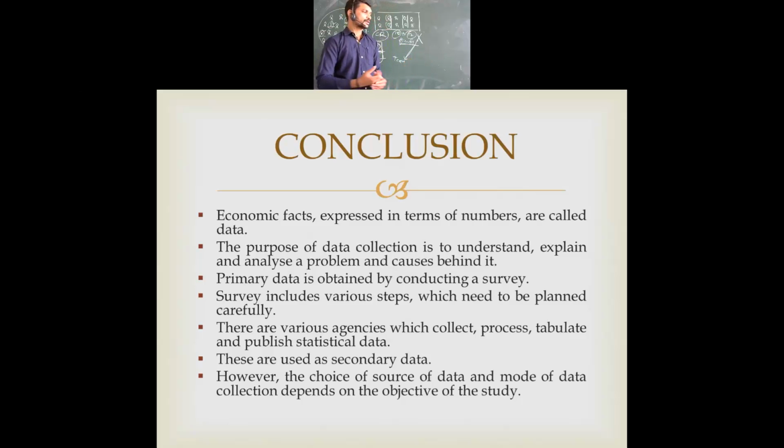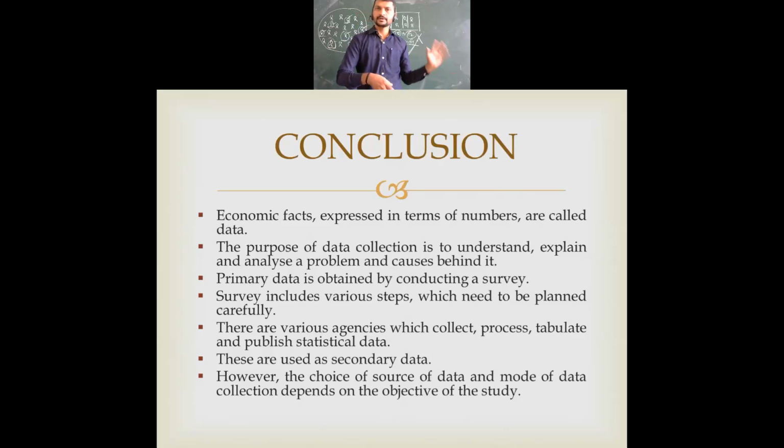Then there are various agencies which collect, process, tabulate and publish statistical data. Now recently what we saw here, census. Then the central agencies that I showed you all displayed on the screen are the agencies which publish the data. Then next, these are used as secondary data.